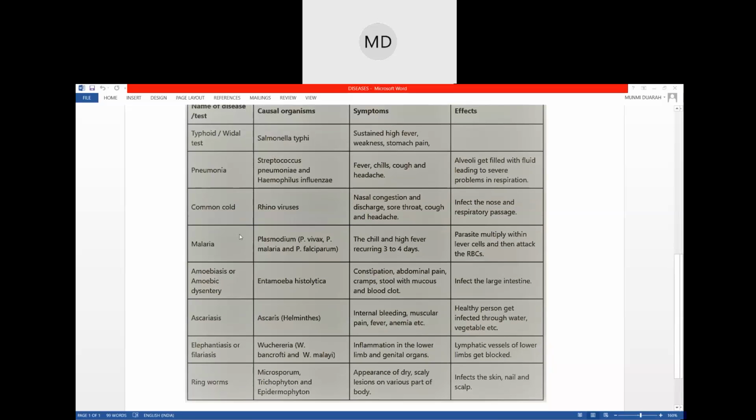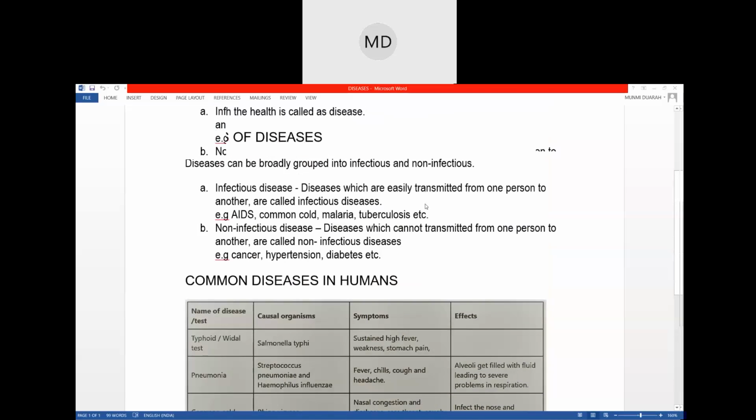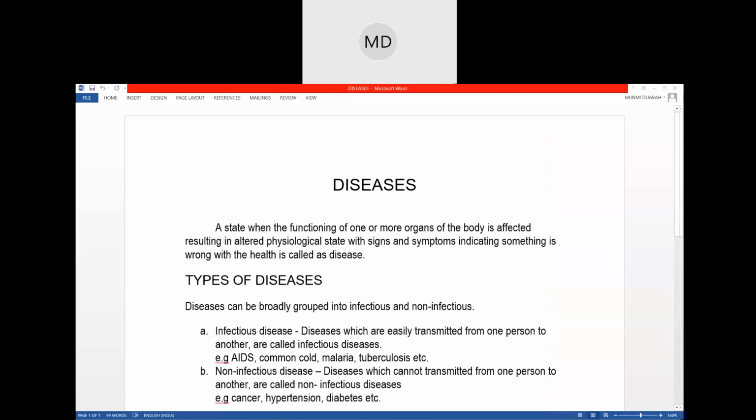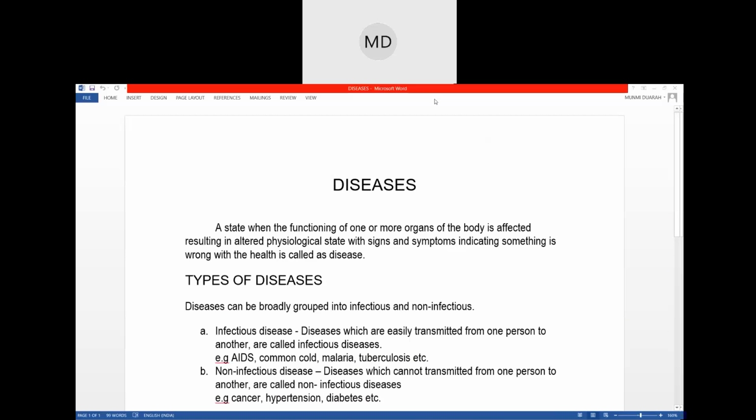You have to memorize each disease, its causative organism, and 1 or 2 symptoms and effects. So this is all. This is a very short chapter. Any doubts, you ask. I'll give this PDF in the group, don't worry.